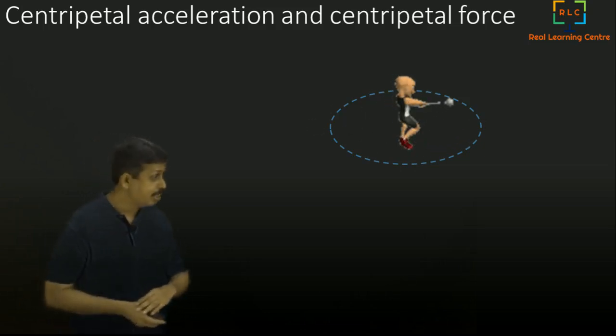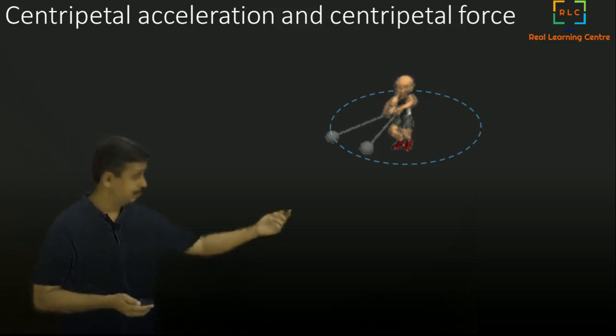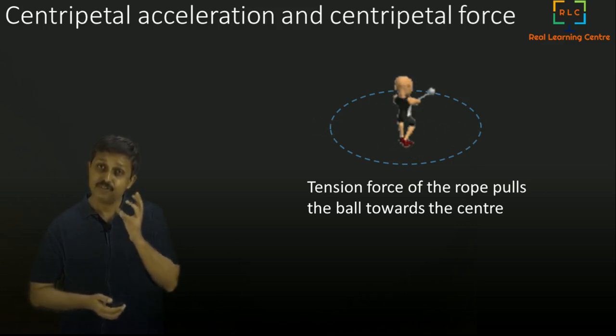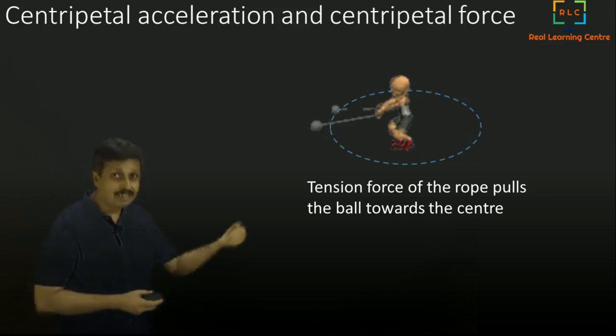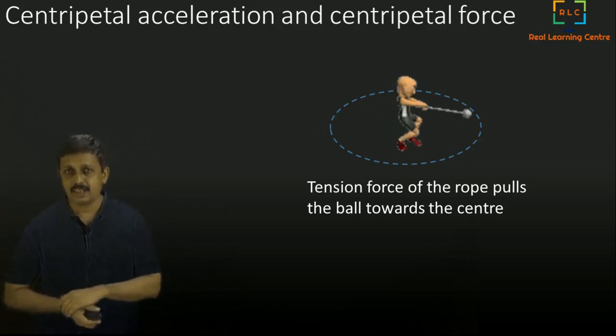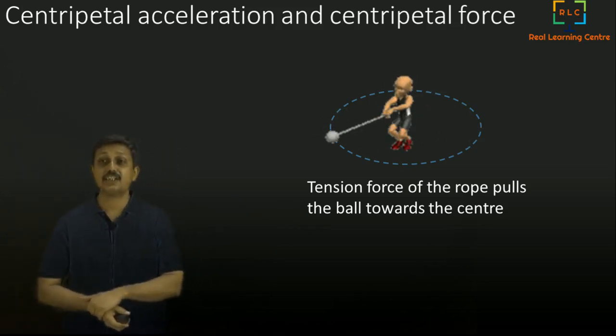In this scenario, the ball is tied to a rope and he is basically rotating it, and that rope gives a tension force. It pulls the ball towards the center. Here the crux is the word center. It pulls the ball towards the center.